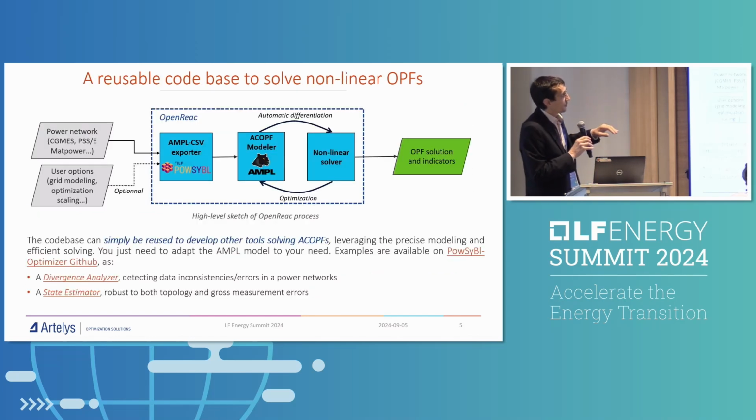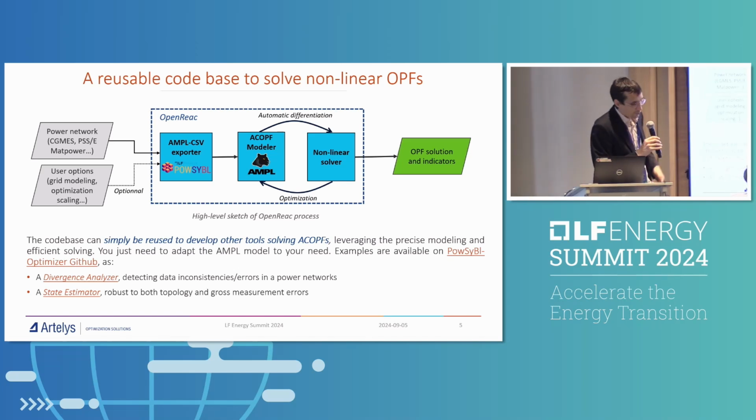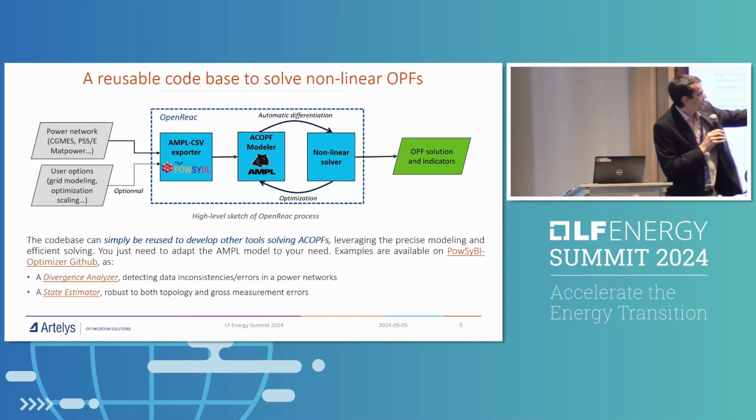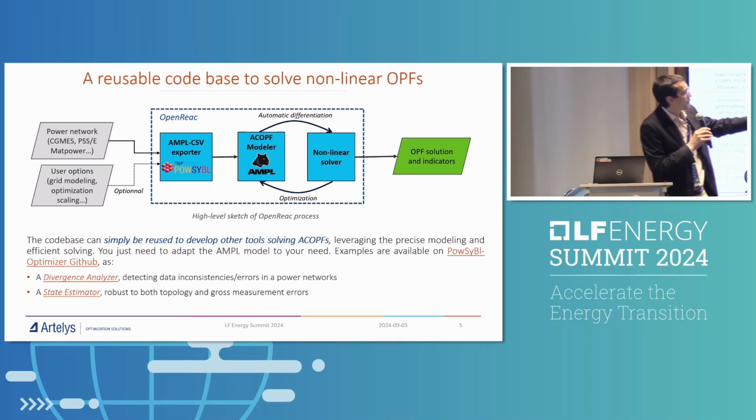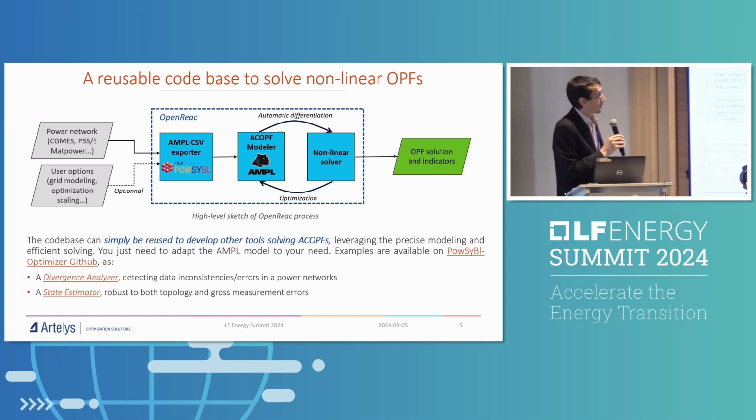So it's a reusable code base that can be tuned to other OPFs. It's based on a model which is written in the AMPL language, which is a modeler that describes all the algebraic equations.